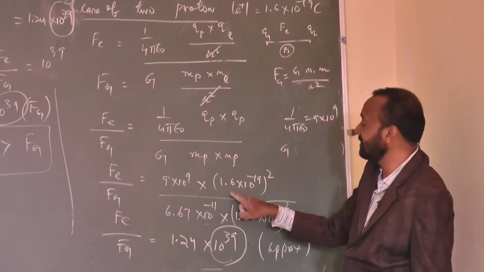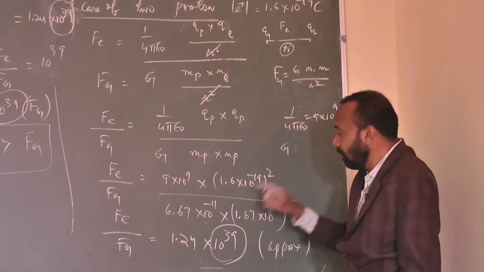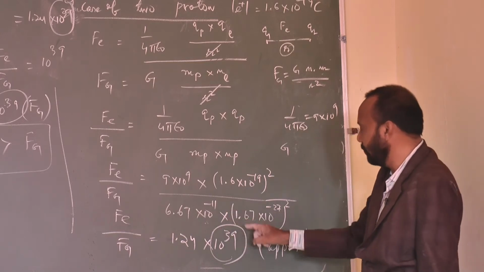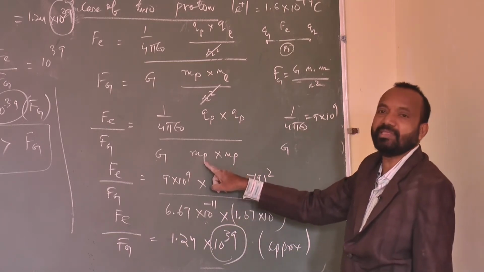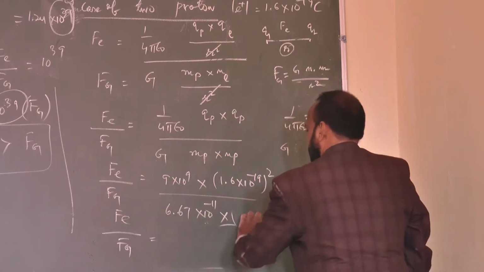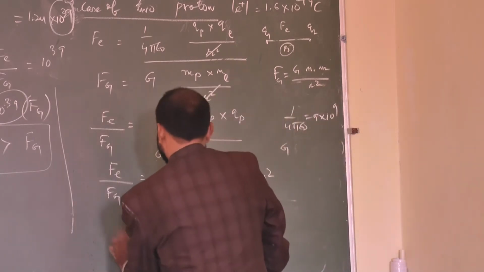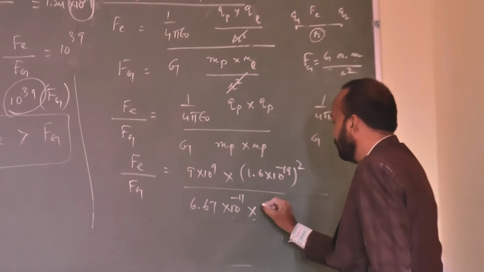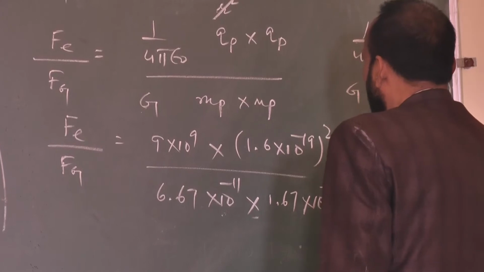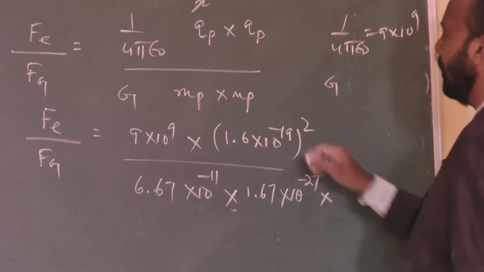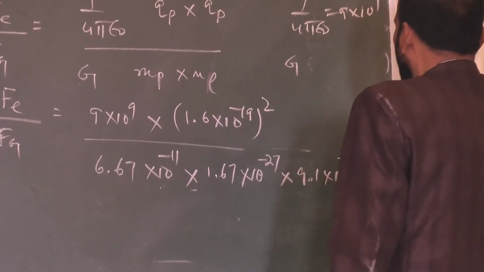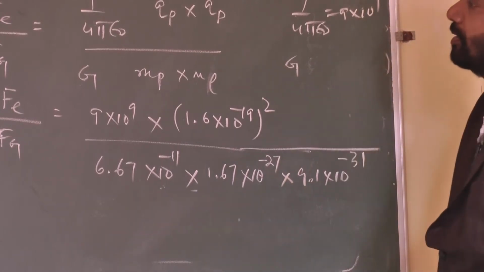That's why 1.6 into 10 to the power minus 19 whole square, divided by the G value as usual, 6.67 into 10 to the power minus 11, into the mass of the proton, 1.67 into 10 to the power minus 27 kg. Here only it will change. Then into the mass of the electron, 9.1 into 10 to the power minus 31 kg. It will multiply.